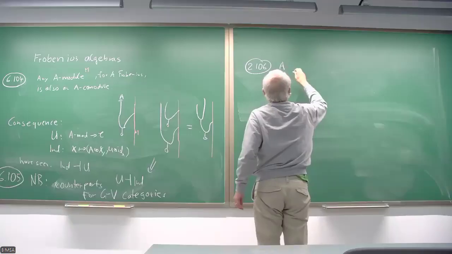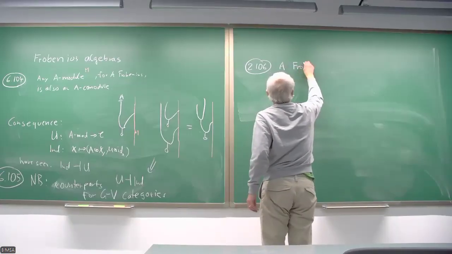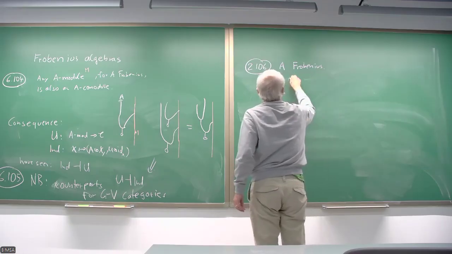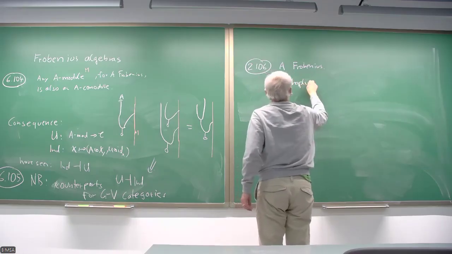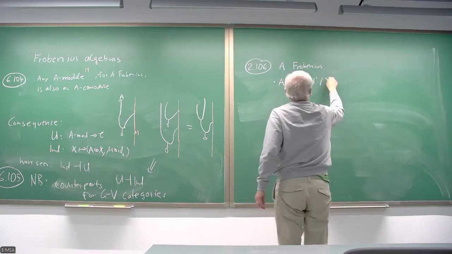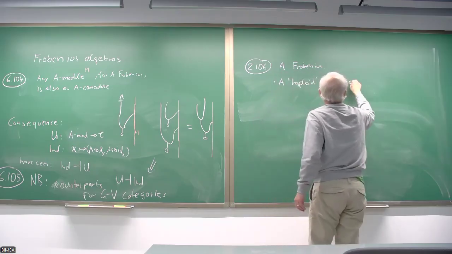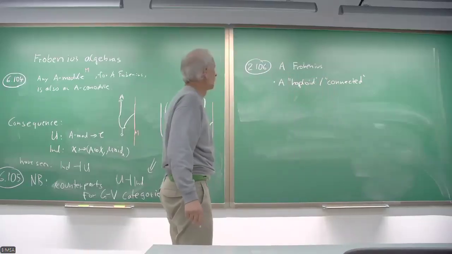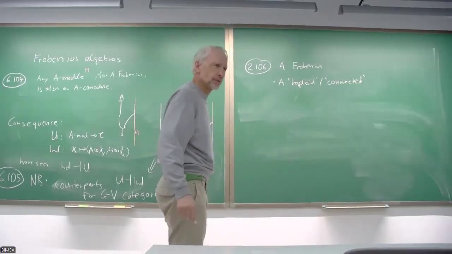A is the Frobenius algebra, and we say that A is, some people call it haploid, some people call it connected. The connected one has the problem that sometimes it's also used for something else.